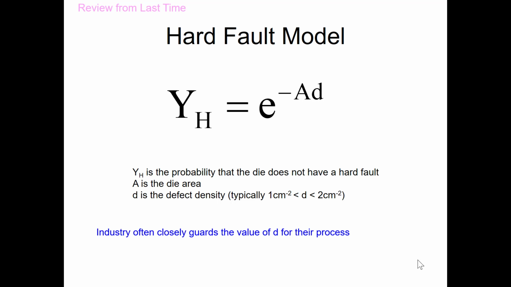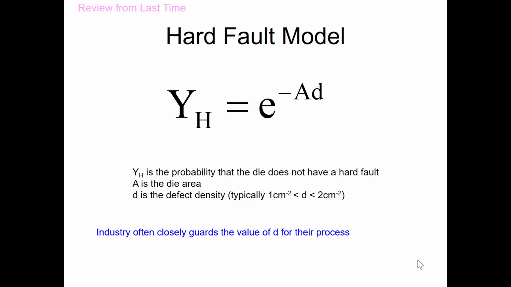If you're in an industry, they will probably have a slightly different model, same general characteristics, but they'll closely guard what the parameters are in that model. Why do you think industry typically closely guards what their model is and what the parameters are in their model for yield? You can know a lot about your competitor's part.